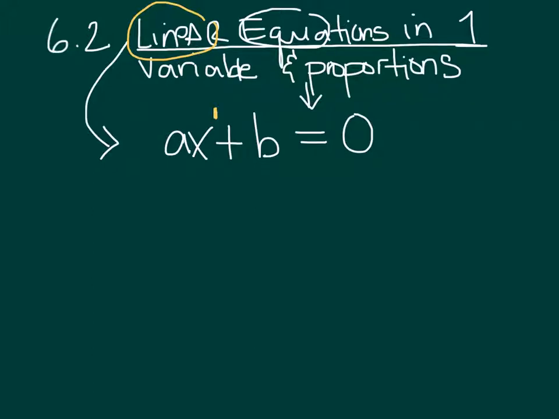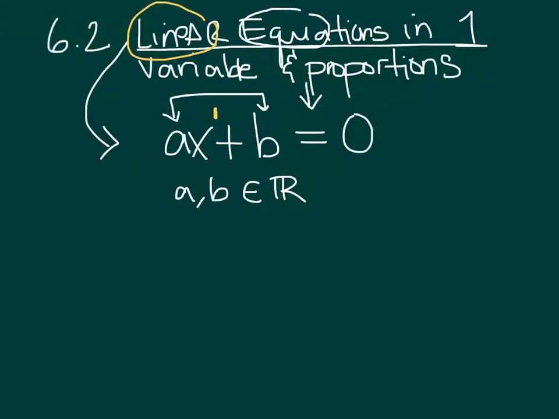So let me actually go ahead and write. Here a and b are real numbers. Let's use what we've been learning already, even in set theory: a and b belong to the real numbers. What do I mean by real numbers?